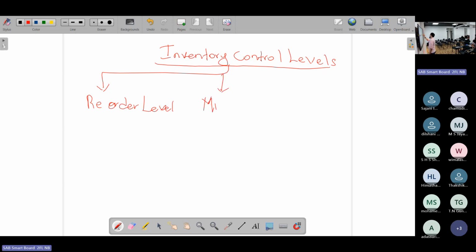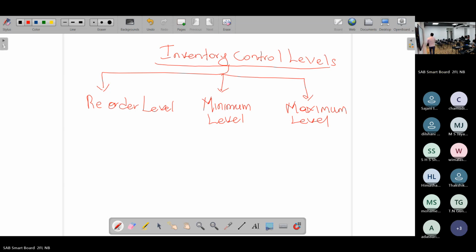Minimum level. Maximum level. Reorder level, minimum level, maximum level.